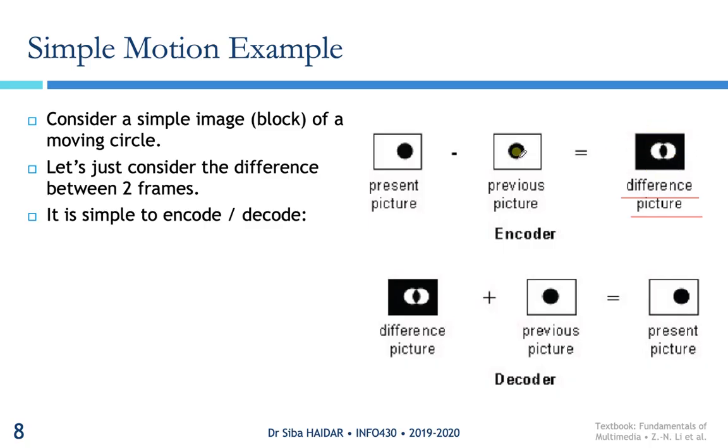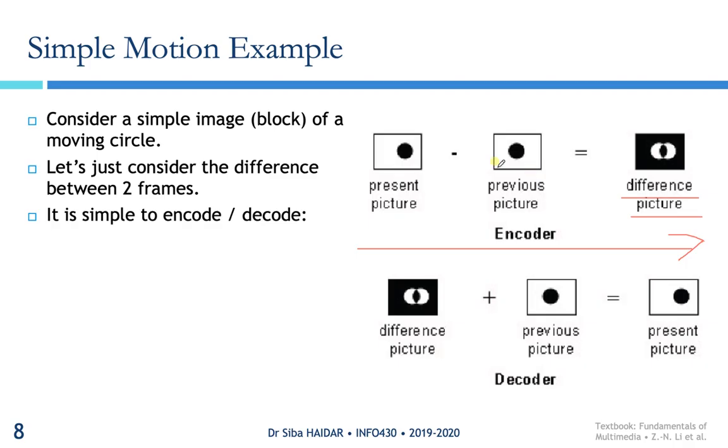Here we are considering a very simple binary image with 1 for white and 0 for black, and the difference contains a lot of black because there is a lot of 1 minus 1, and there is eventually 0 minus 1 and 1 minus 0, so in absolute value we have some whites. The process to obtain the difference picture is done in the encoder.